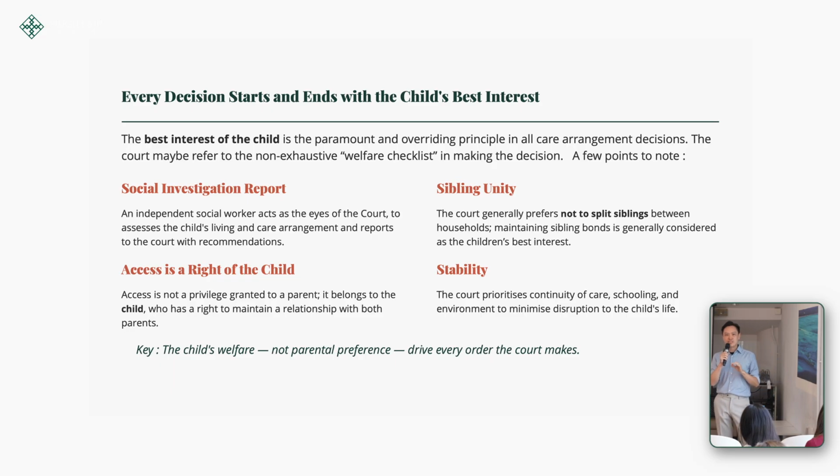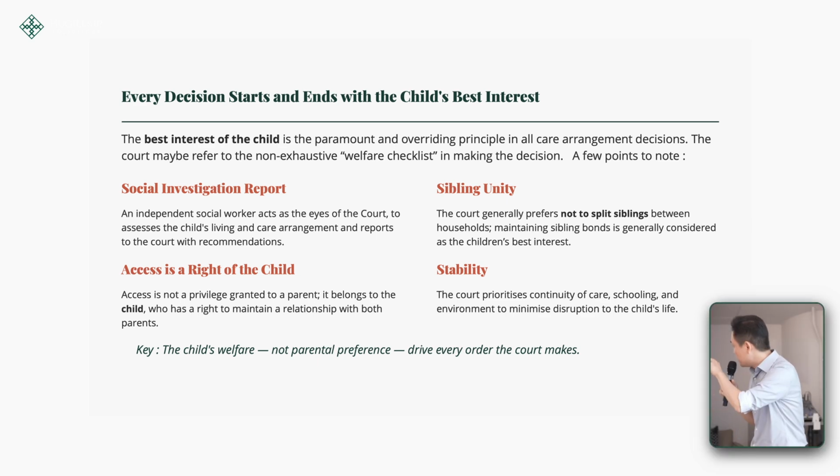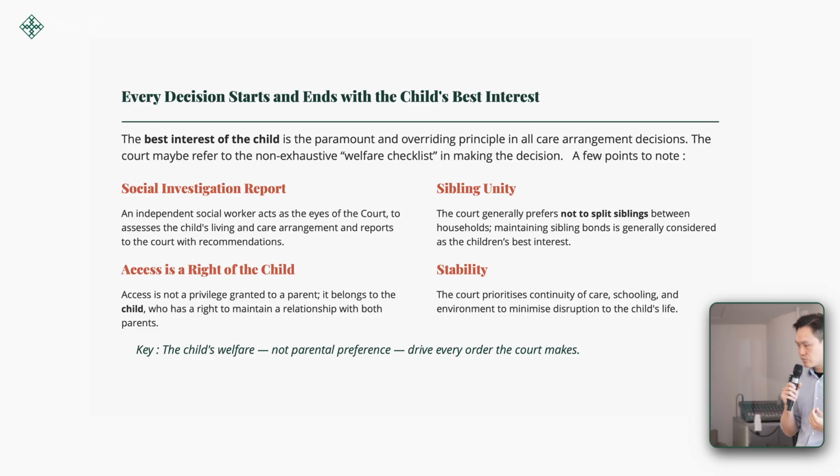But in Hong Kong, we don't have this geographical limitation because it's so small. It's very easy to exercise access even if all the kids are living with one parent. And in the left bottom corner, it says access is the right of the child.